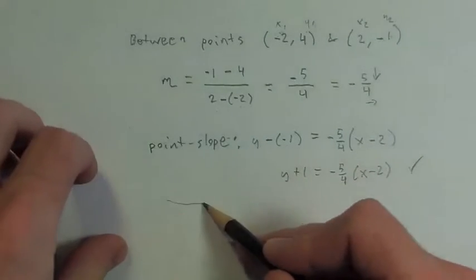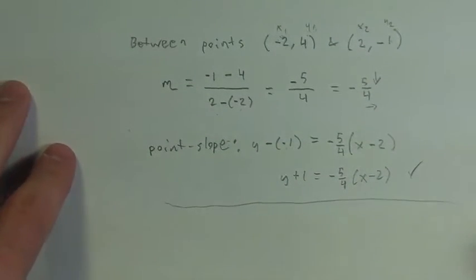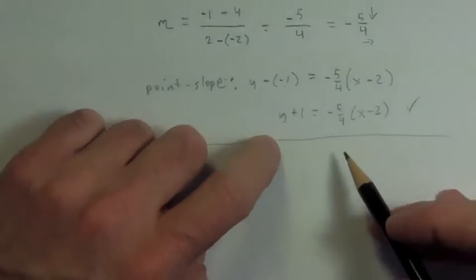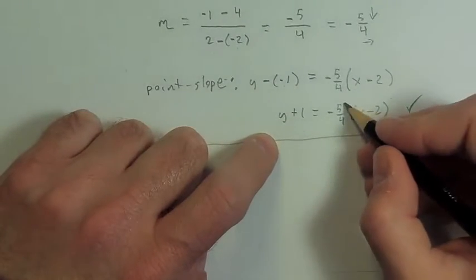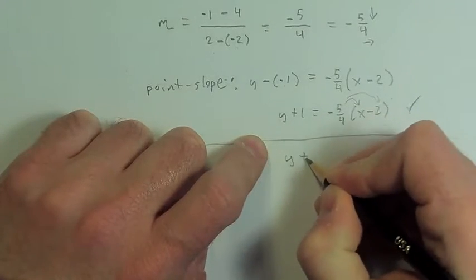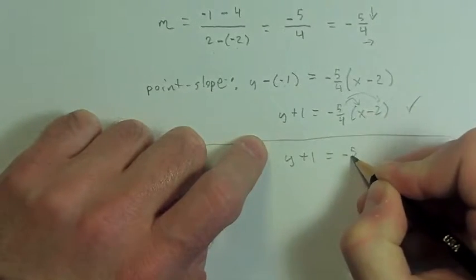Now we want to get down to slope-intercept form. Okay, and maybe we'll get a nice intercept, maybe not. It's not guaranteed. So I'm going to distribute this negative 5/4. Okay, so I'll get y plus 1 is equal to negative 5/4 x.